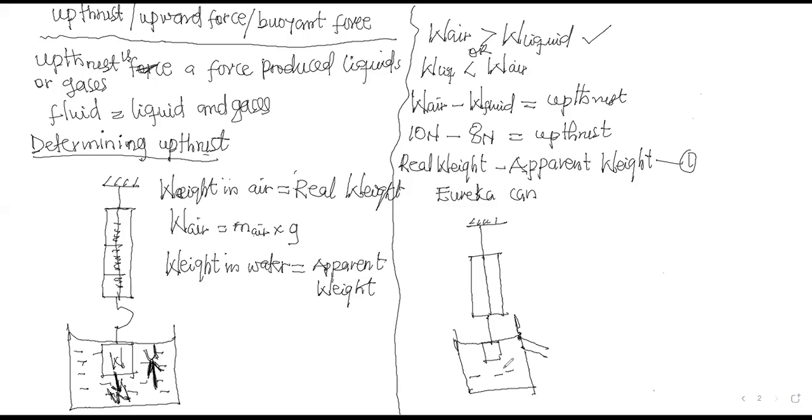The idea is that this time we want to collect the volume of the water that will be displaced. So the excess water passes through the spout and it's collected in a beaker. This is the Eureka can.